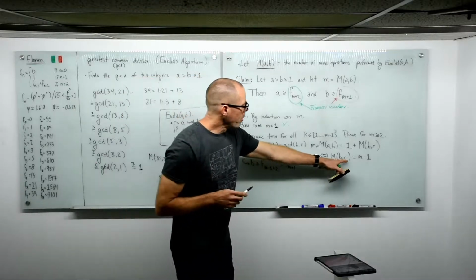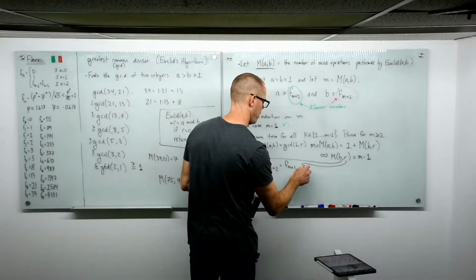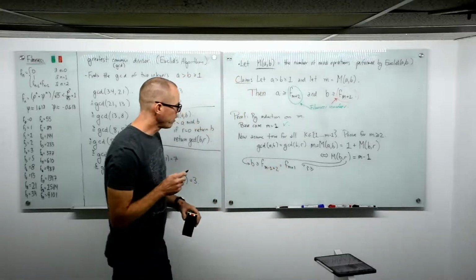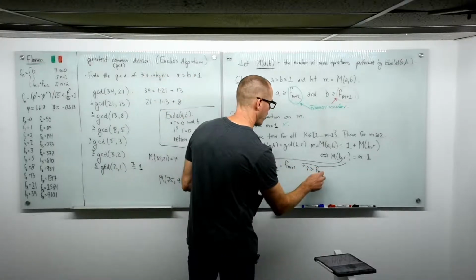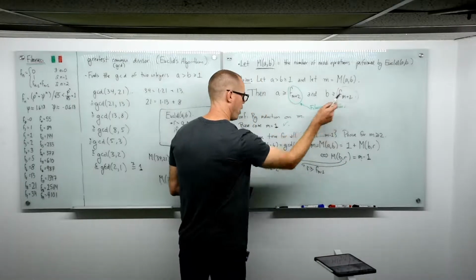And it also tells us about R. What does it tell us about R? It tells us that R is bigger than or equal to, well, we take f of m minus 1. That's what we have here. And then we add 1.